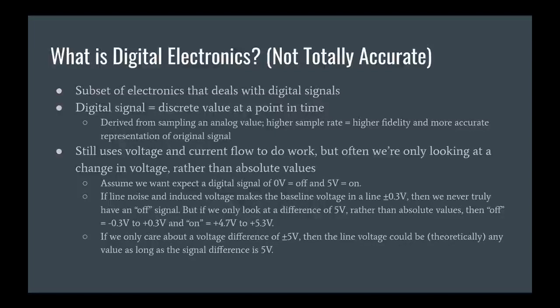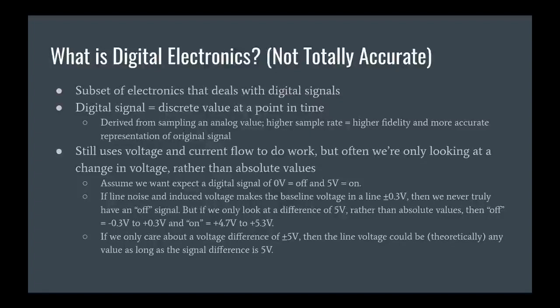So, digital electronics is a subset of electronic theory that deals with digital signals. A digital signal is a discrete value at a point in time. If you are looking at a sine wave, hopefully everybody knows what a sine wave is, it goes up and it goes down, your peaks and your valleys.